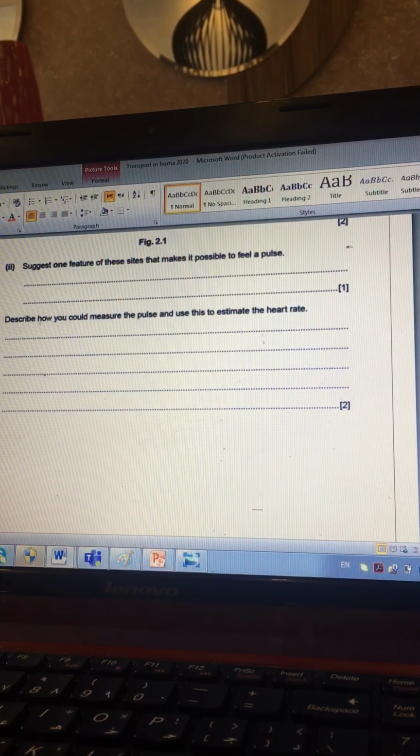Here we press. So the first point goes for pressing or apply pressure, and the second point for counting the beats per minute. We should take it over a minute. It's very important to estimate it over 1 minute, over 60 seconds, to see how many beats we can have over 1 minute.